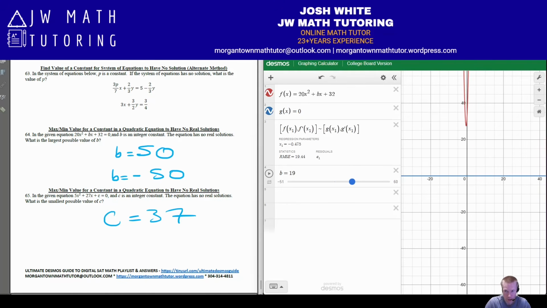It keeps going, goes up, and then comes back down again, and eventually it crosses again. It reaches that upper boundary of 50, crosses it, and at 51 we're back to two real solutions. So that's a visual demonstration of how the problems are slightly different when you're looking for a value of b versus a value of c.